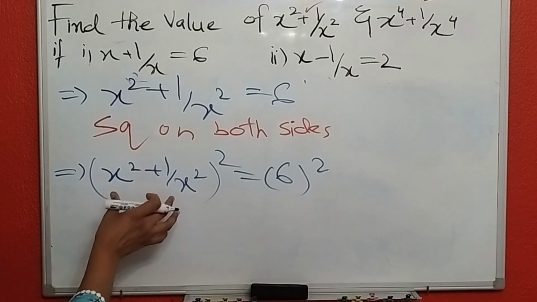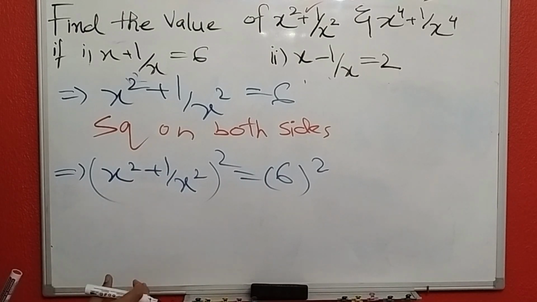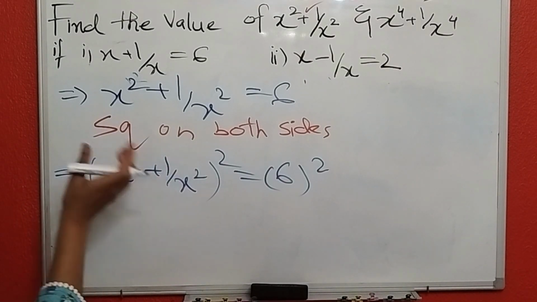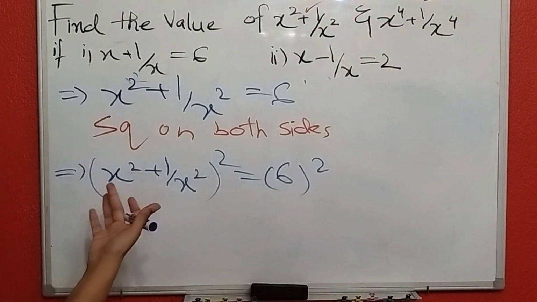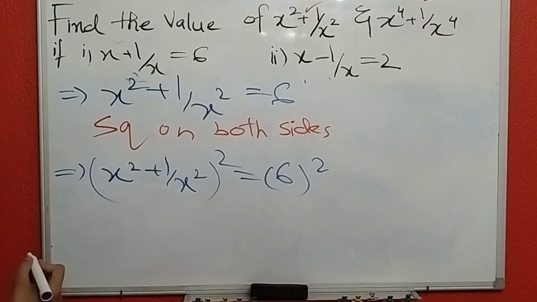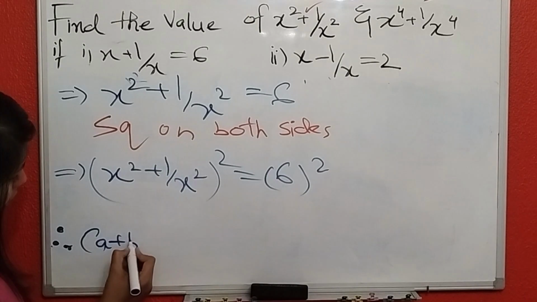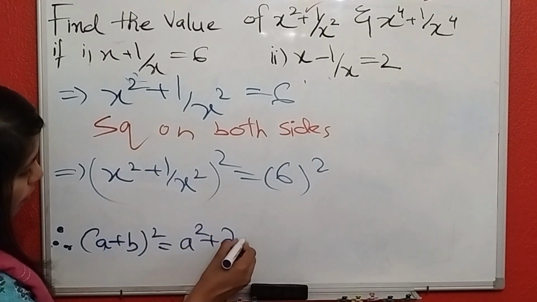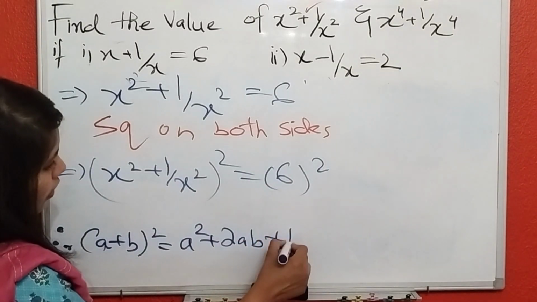Here you can see these two values have plus sign, not minus sign. If these two values have minus sign, then I will use the a minus b whole square formula. But here these two values have plus sign, so I am going to use the a plus b whole square formula. So a plus b whole square is equal to a square plus 2ab plus b square.